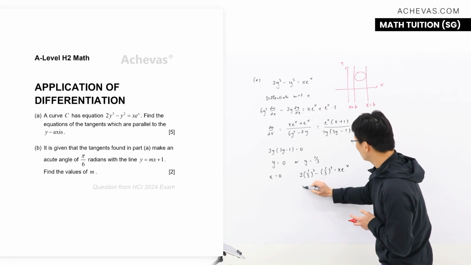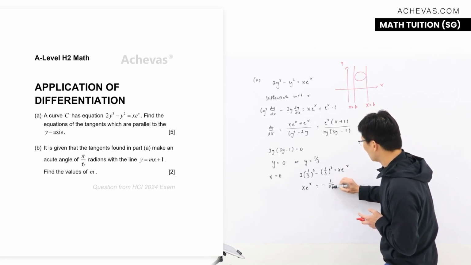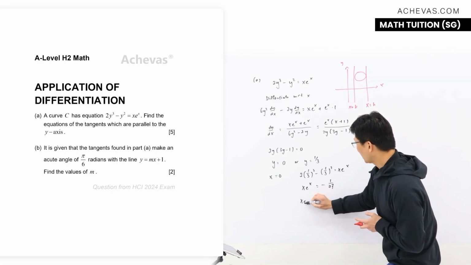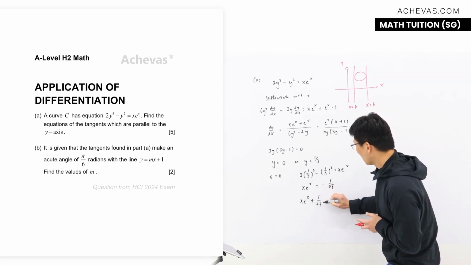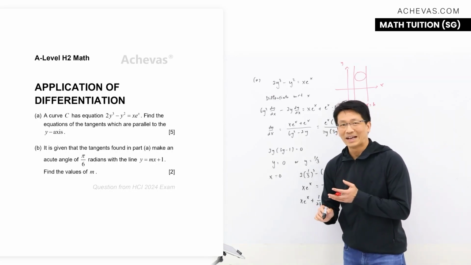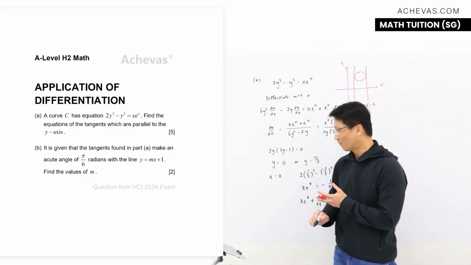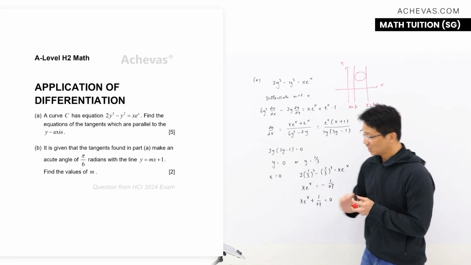And simplifying this, I'll get x e to the x equals minus 1 over 27. And I will get x e to the x plus 1 over 27 equals 0. This is not exactly quite a nice equation to solve. I think I'm going to make use of our GC to solve this particular equation here.